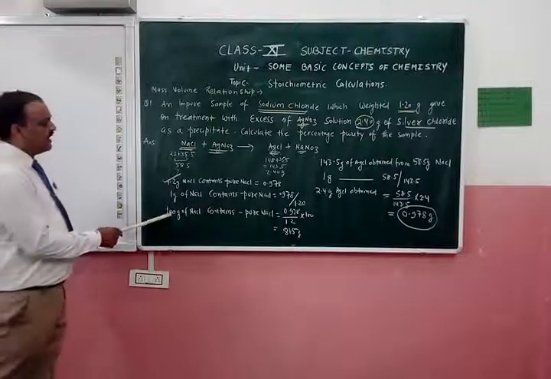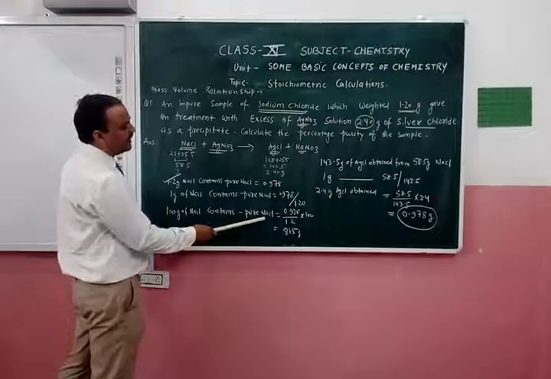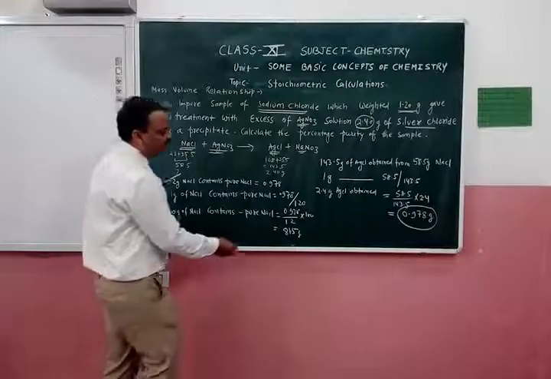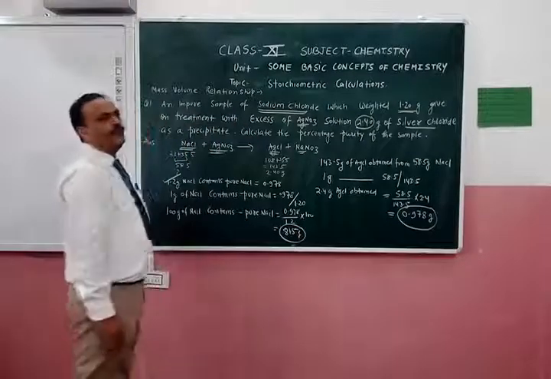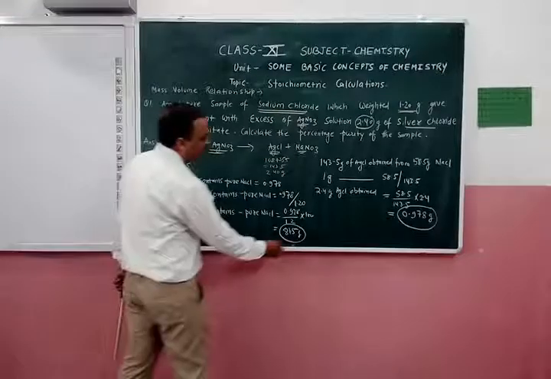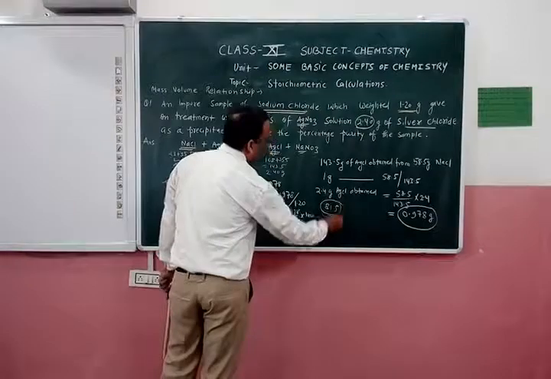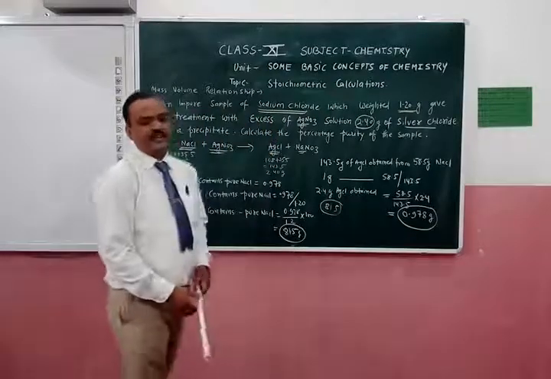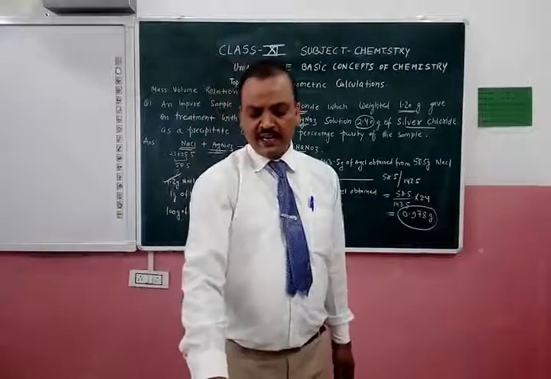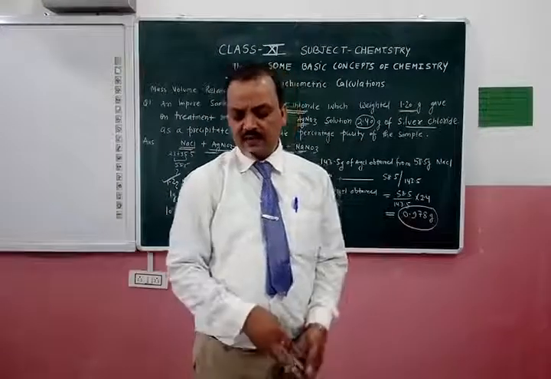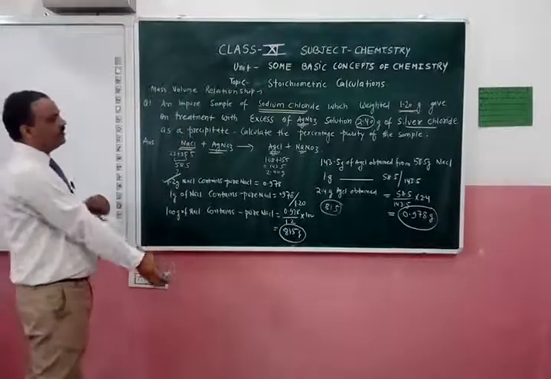It means how much pure NaCl is present in 100 gram of NaCl? That is 81.5 gram present in this, the purity present in this question. So that is how we solve this question.